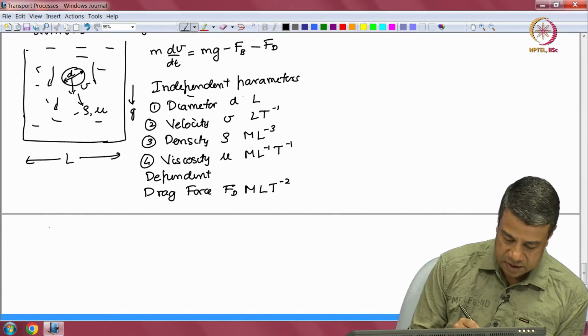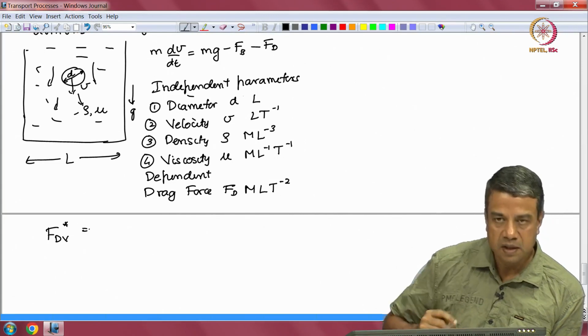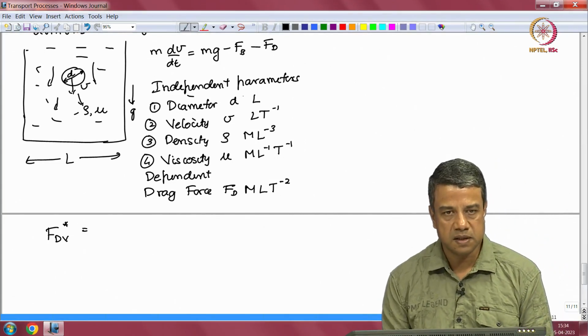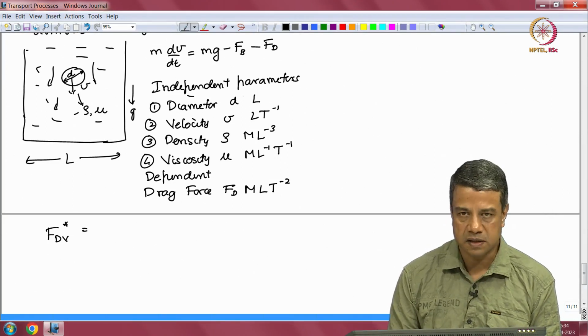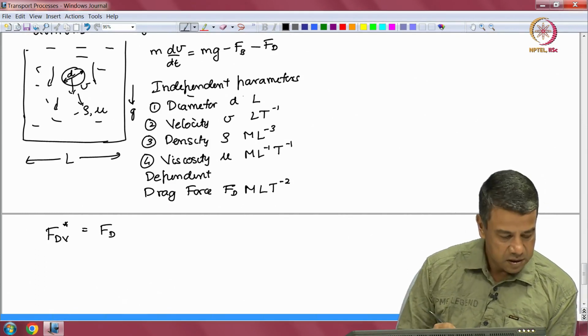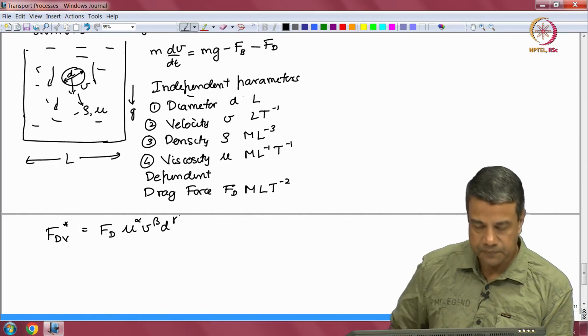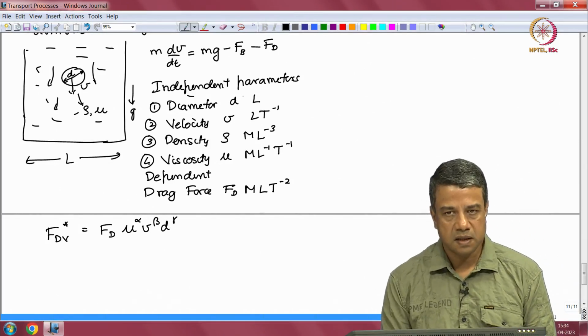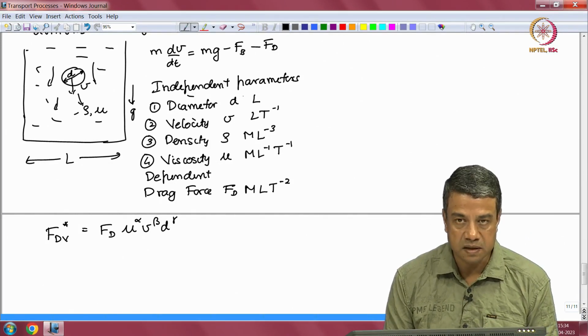Therefore, I will write this as F d v star, with star denoting it as dimensionless and V subscript for non-dimensionalizing by viscous scales. So, this is the drag force times some combination of the viscosity per alpha, velocity per beta and the diameter per gamma. And these alpha, beta, gamma I have to determine from dimensional consistency of this relationship.